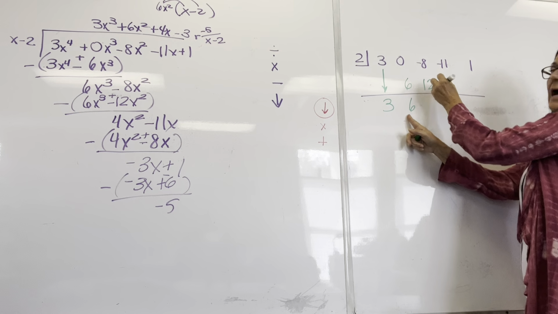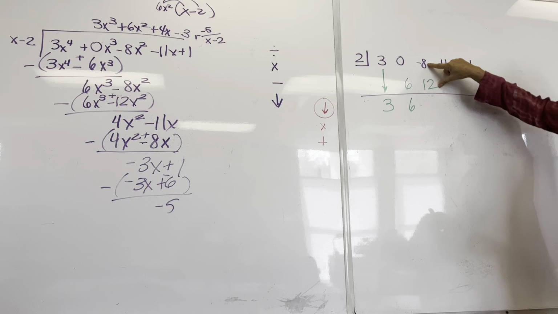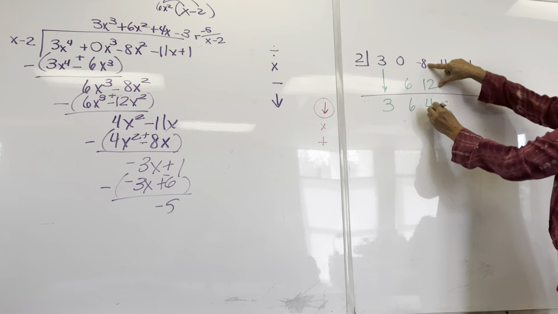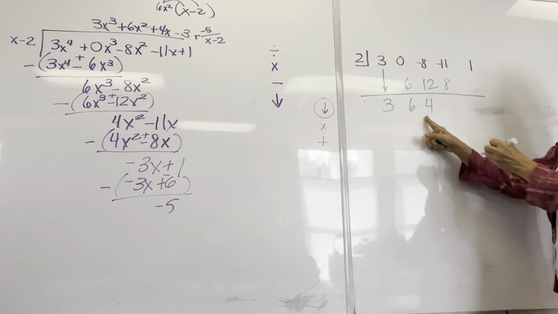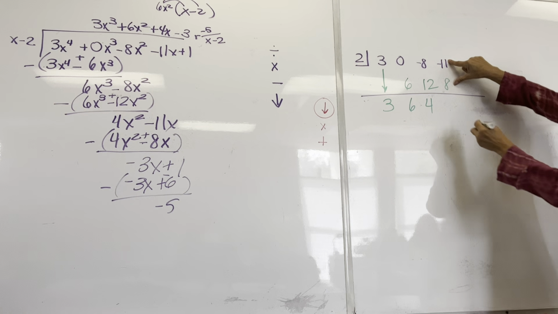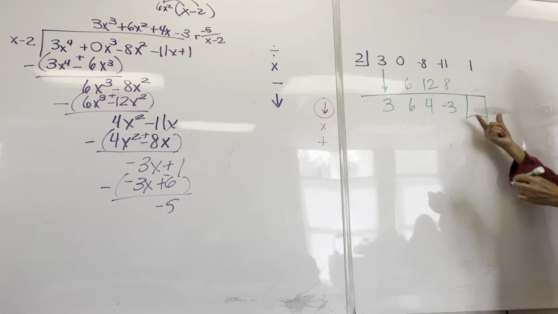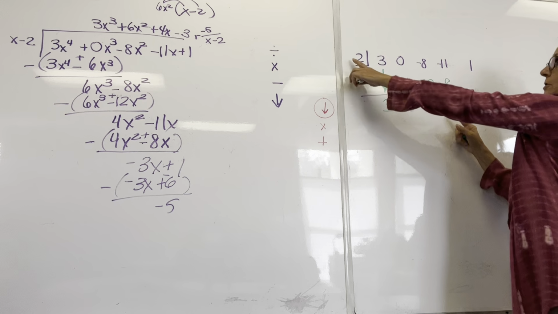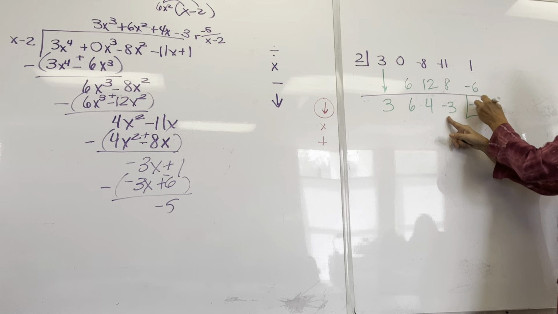Writing it above the line. Adding -8 plus 12, which is 4. Now I'm multiplying 2 times 4, which is 8. -11 plus 8 is -3. My last term below the line is always my remainder. So 2 times -3 is -6. I add them, it's -5.